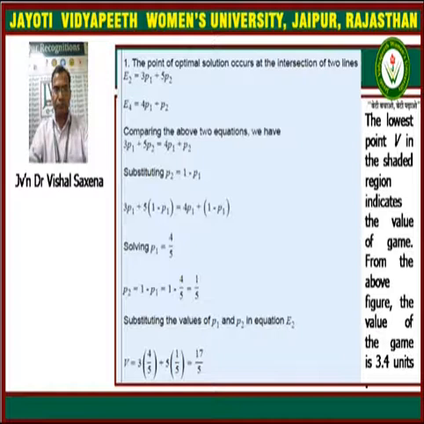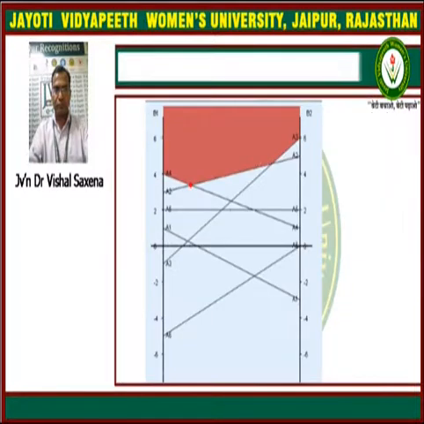The lowest point V in the shaded region indicates the value of the game. From the figure, the value of the game is 3.4 units. We can observe on our graph, by scaling, that the value of this game is 3.4 units.